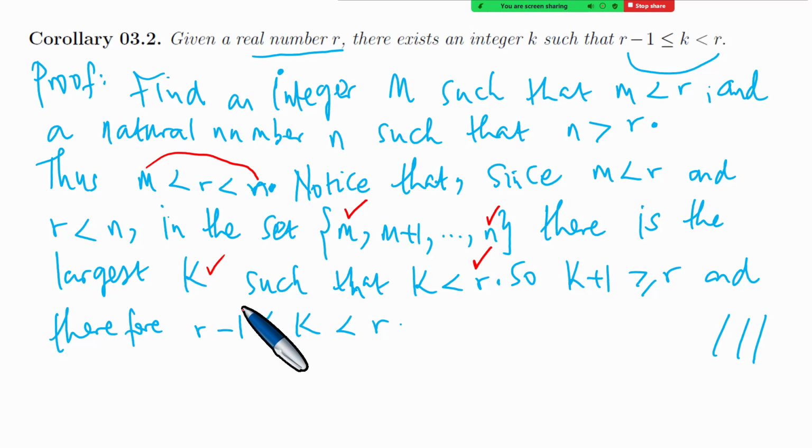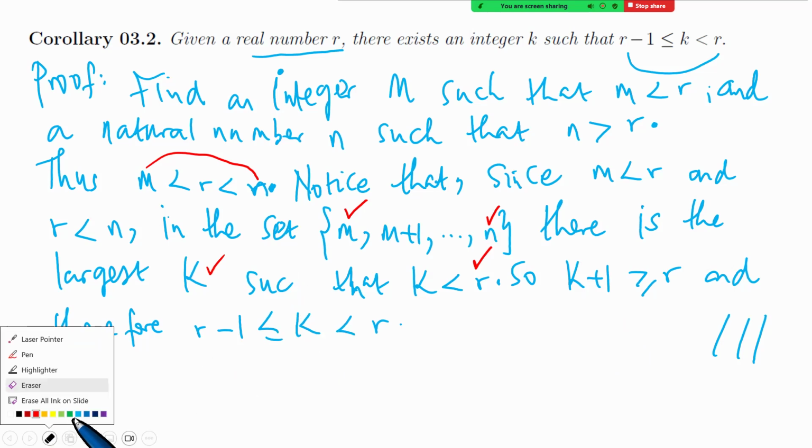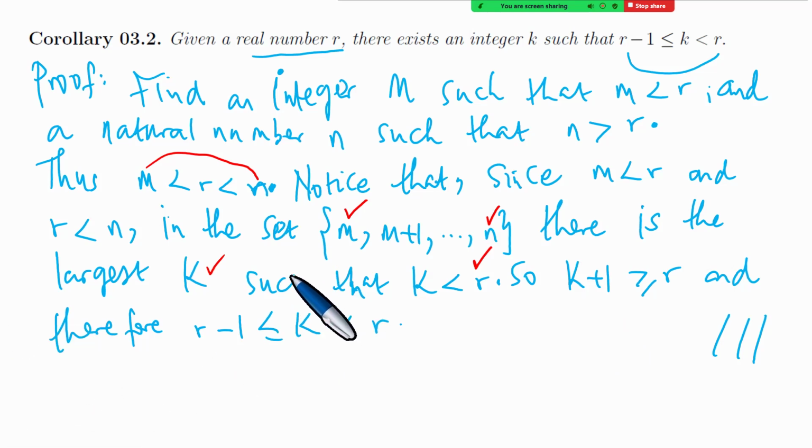So there is a largest k. Okay, there's the largest k. I want us to pause and reason this out. There's the largest k such that this k is smaller than r. Remember that these are the m plus 1, and n.